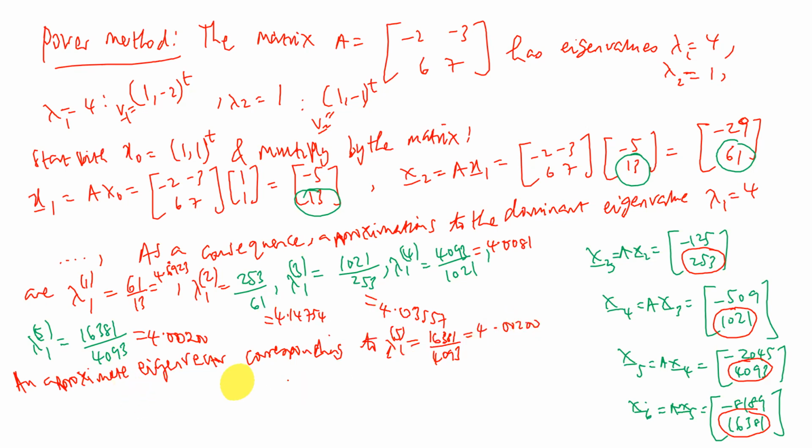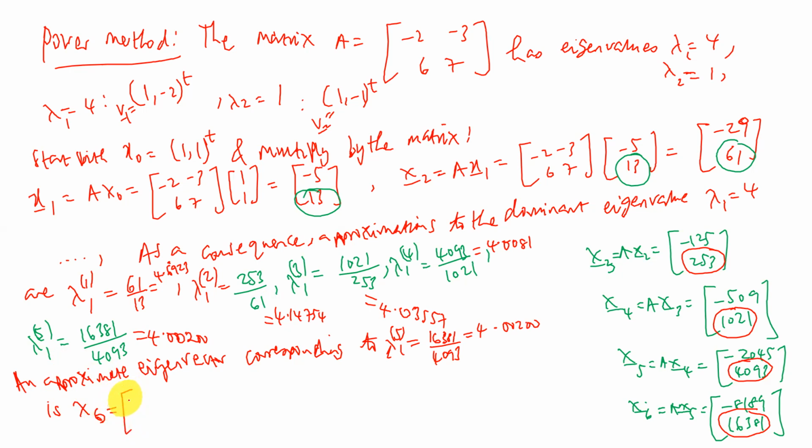The approximate eigenvector corresponding to this one is x6, because that would be at 5. So the corresponding eigenvector is x6.